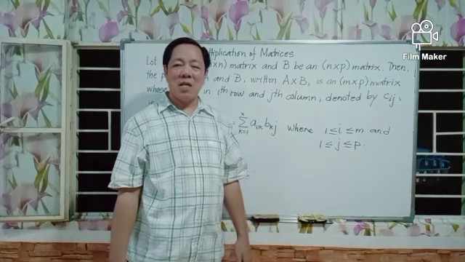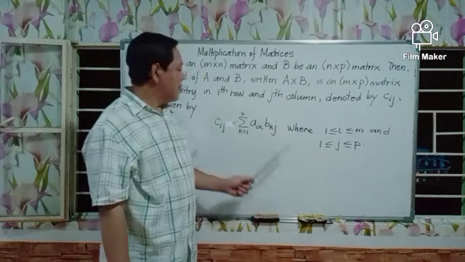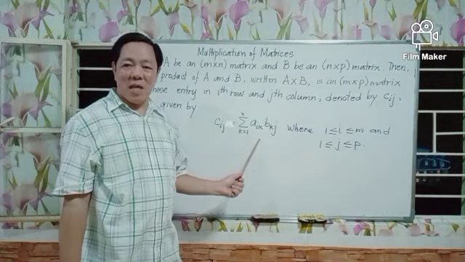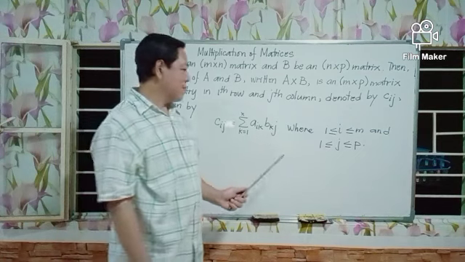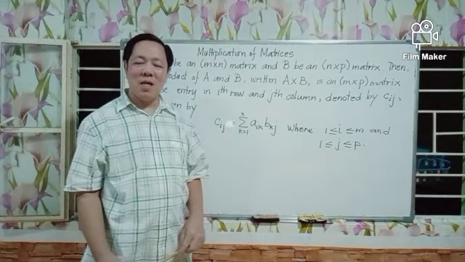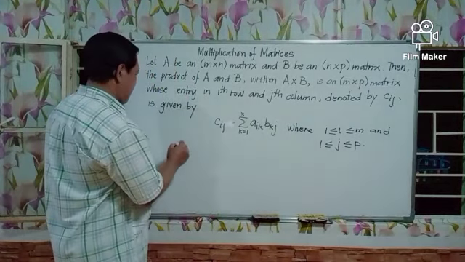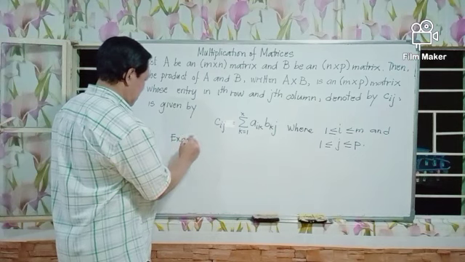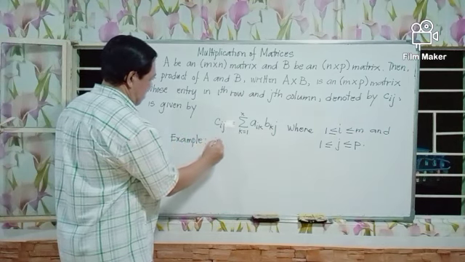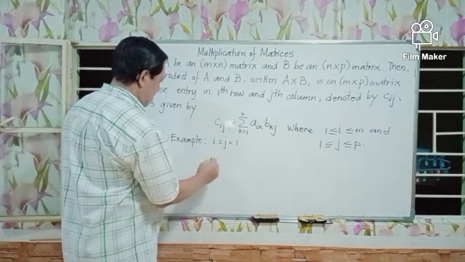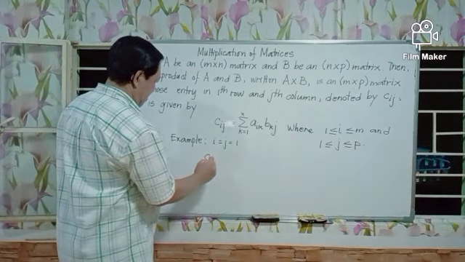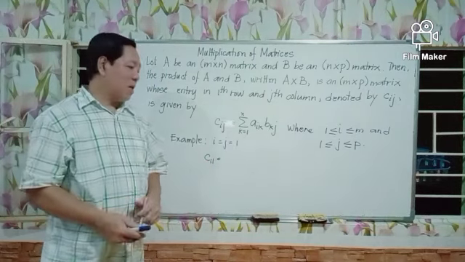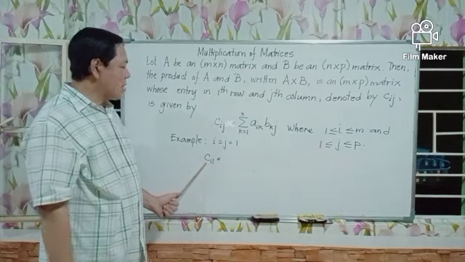Now we take a particular entry, C sub 1,1, to show that this represents a scalar product or a dot product. We let I and J be equal to 1.